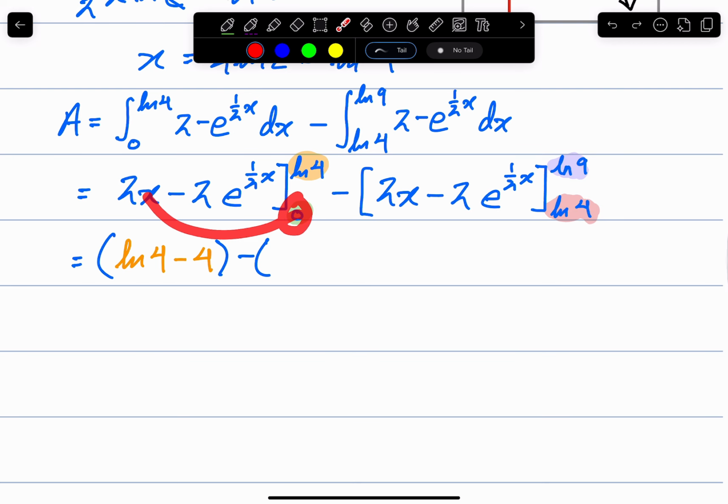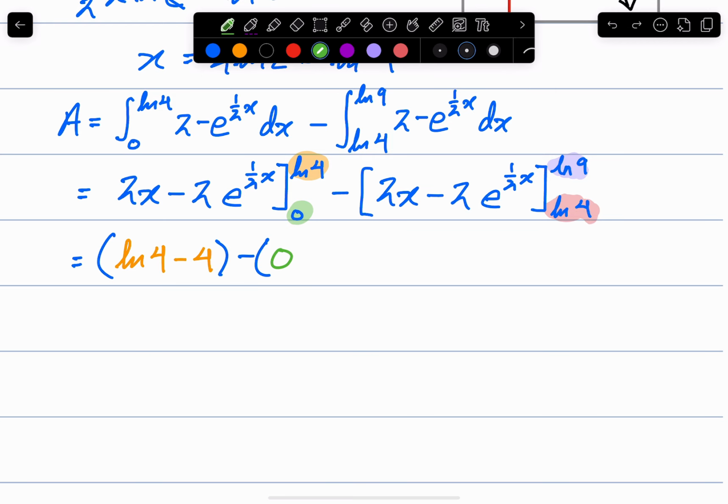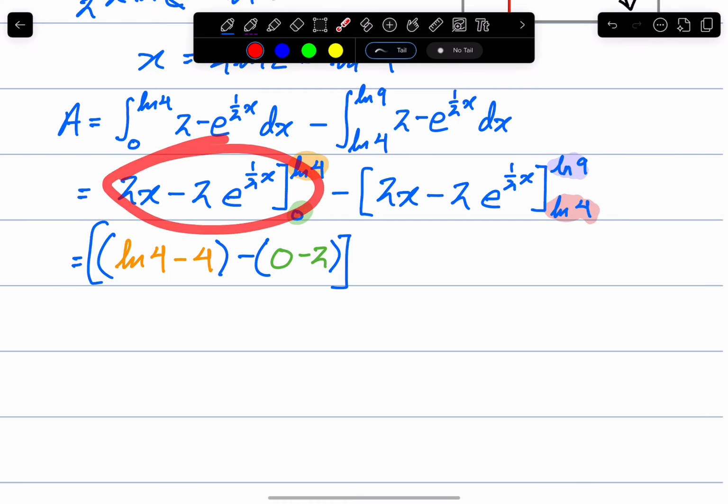It's going to be 0 minus 2 times e to the power of 0. E to the power of 0 is 1, times negative 2 is negative 2. So all of this in orange and green is just this first substitution.